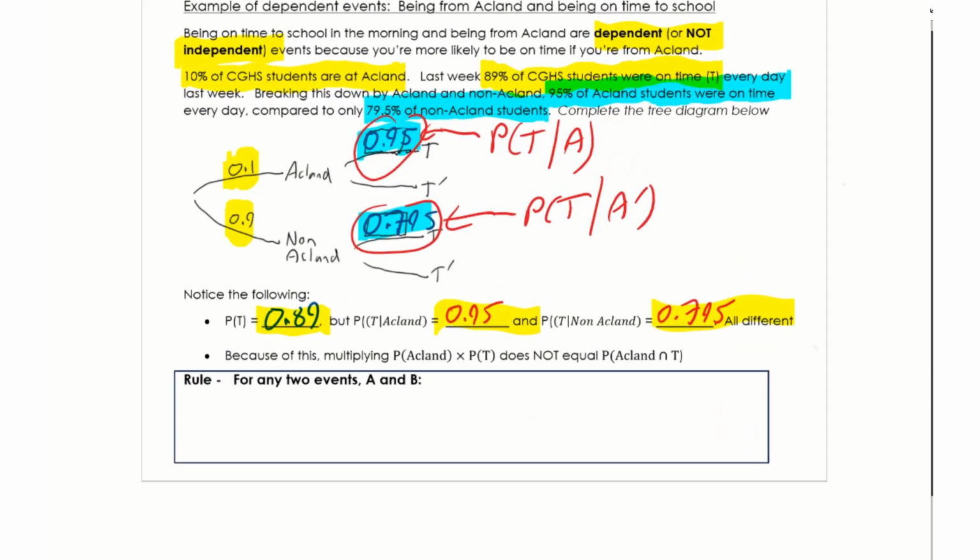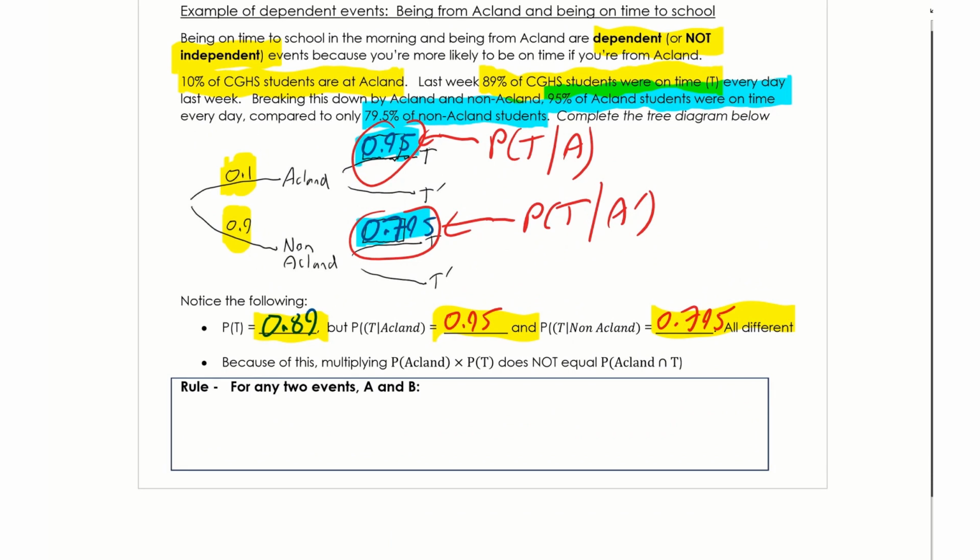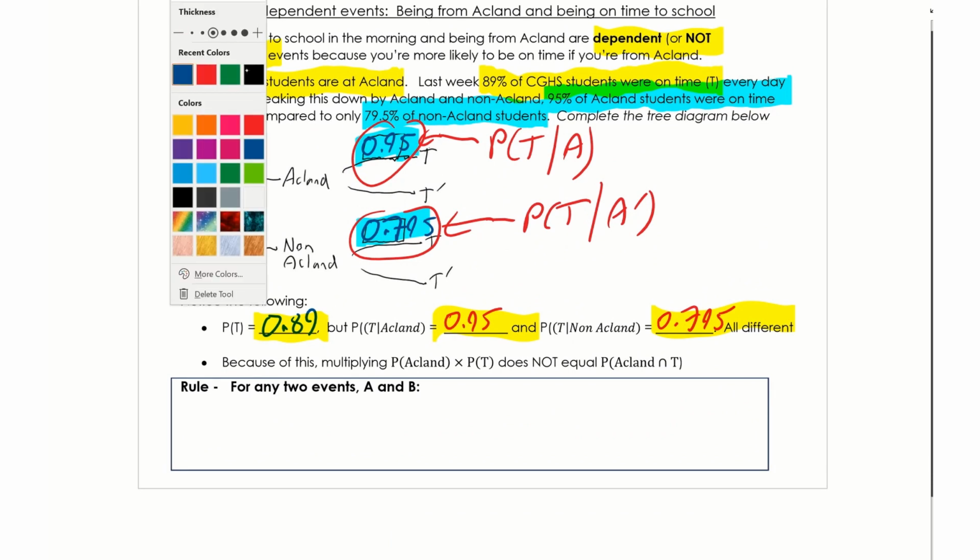So just a summary at the bottom, and this is the part you sort of have to memorize. There are two formulas you can use to test in the exam whether two events are independent or not. And we're going to write them at the bottom.